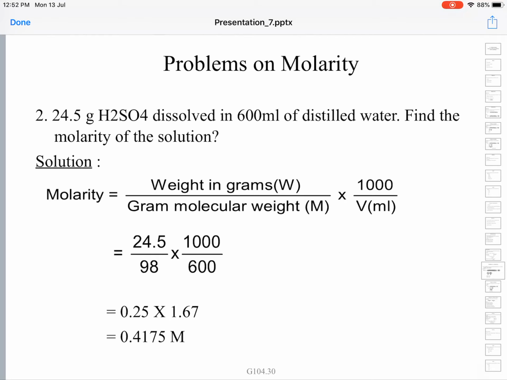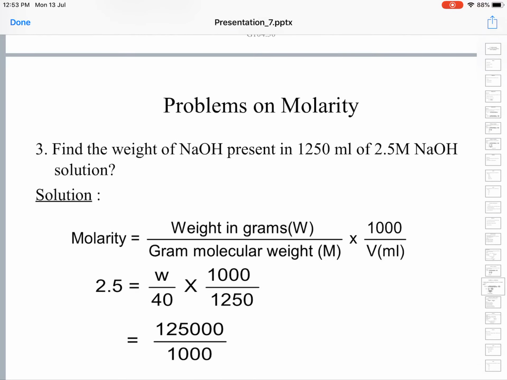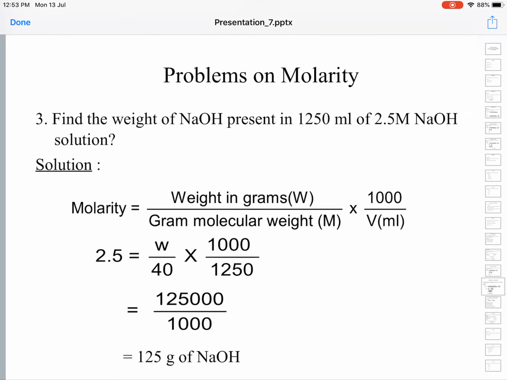So, the molarity of the solution containing 24.5 grams of H2SO4 dissolved in 600 ml of distilled water is 0.4175 M.